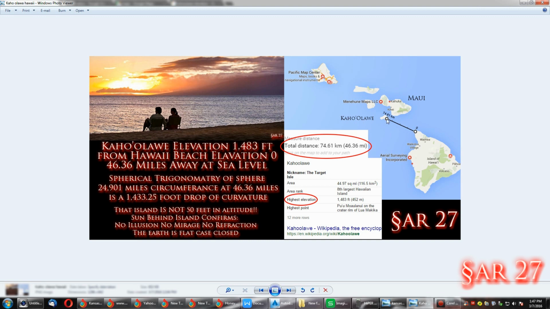Point A to point B is 74.61 kilometers, or 46.36 miles. Now, with the spherical trigonometry of a sphere of 24,901 miles in circumference, at 46.36 miles is a 1,433.25 foot drop of curvature.